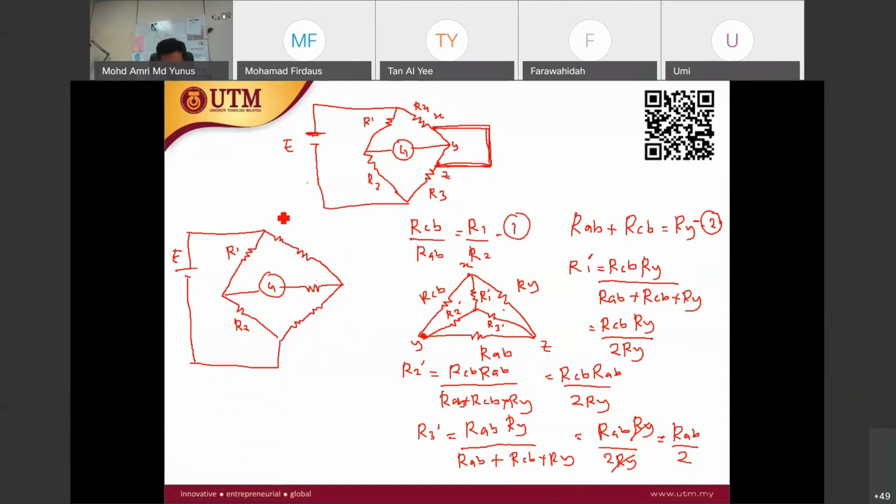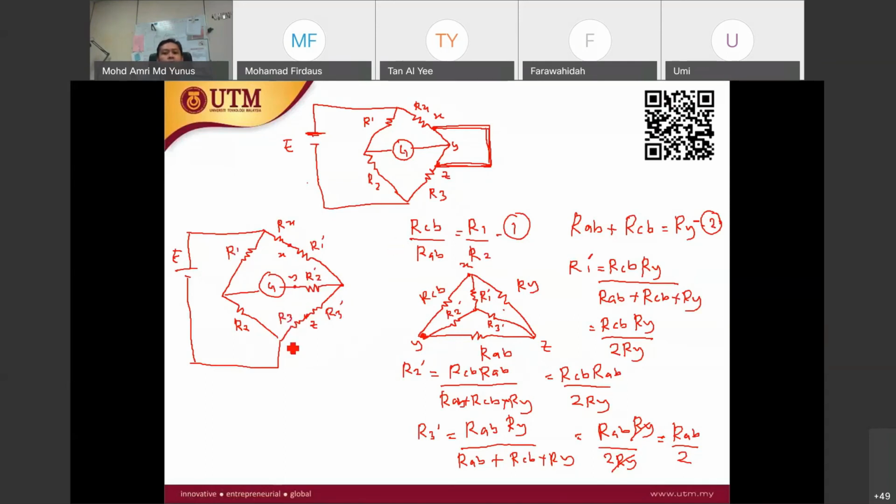Okay, so we have this Rx, this point X. So this is our R1 prime. And this is point Y. So this is our R2 prime. This is Z point. So this is our R3 prime, and this is our R3.